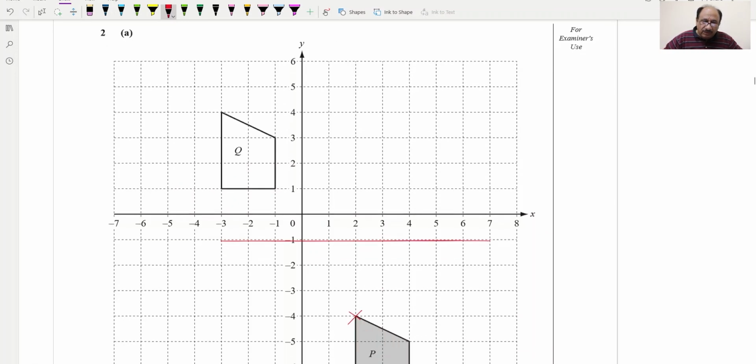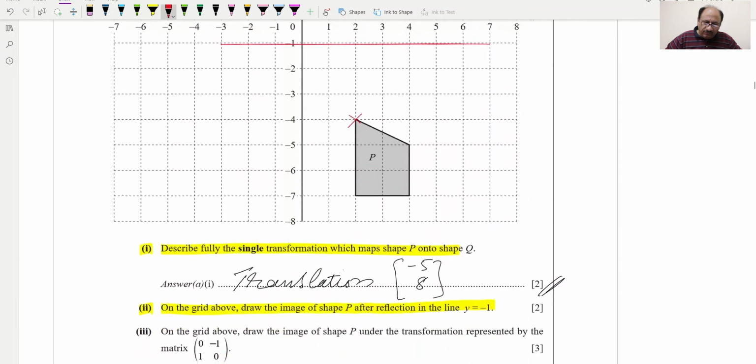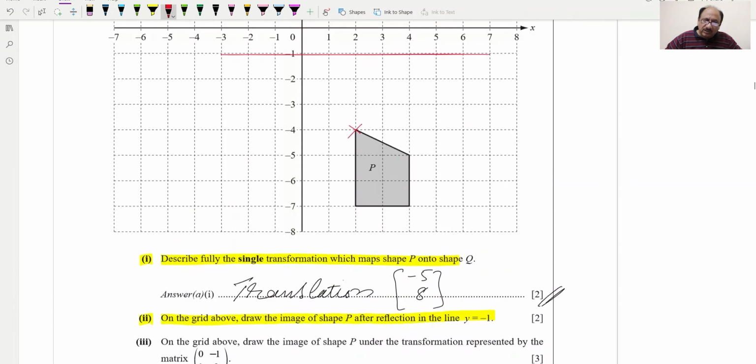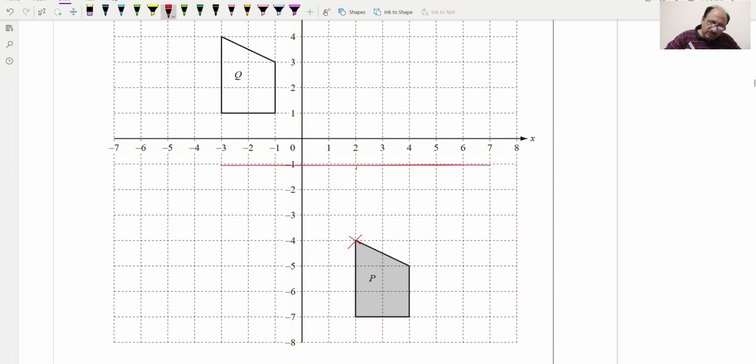We have to reflect P, and we can measure the distance from the mirror line. This point is 3 units down, so 1, 2 and 3 units, so this mark will be reflected to this side. Similarly, for this point, the distance from the mirror line is 1, 2, 3 and 4 units, so we move up 1, 2, 3 and 4 units, and this will be the point.